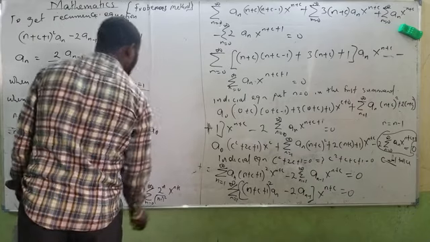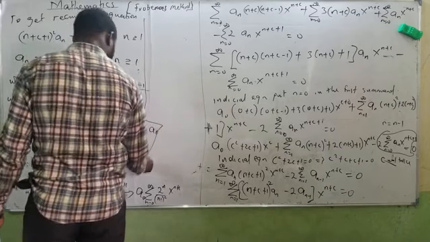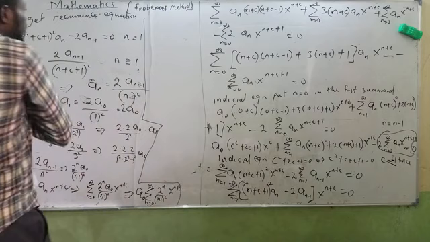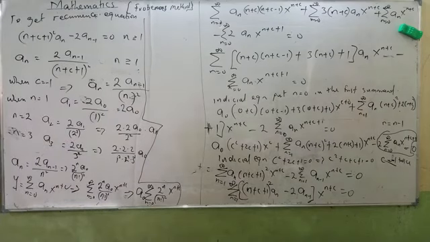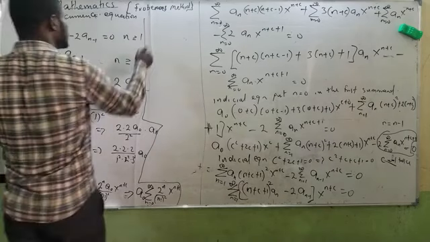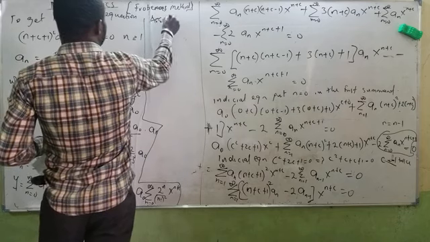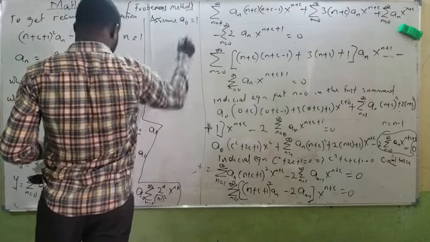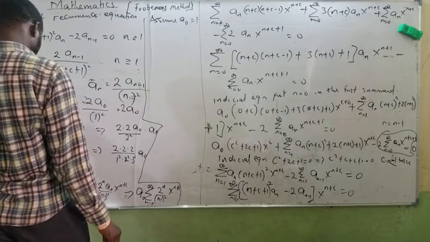With what I've done now, let me assume that my a naught equals 1.